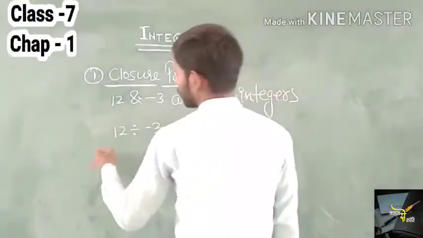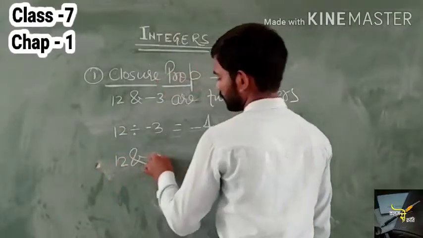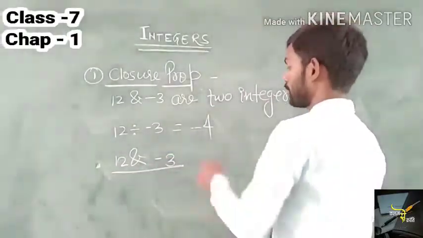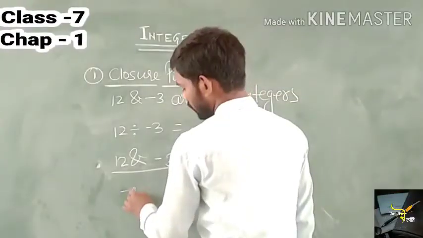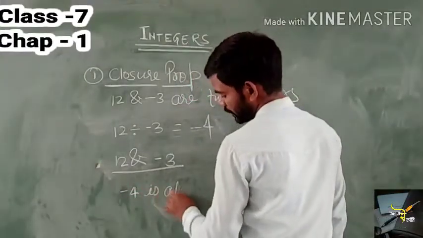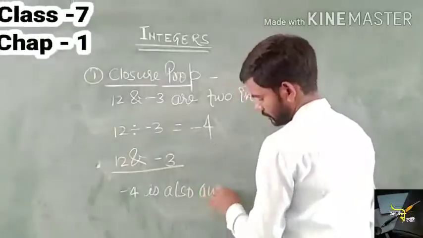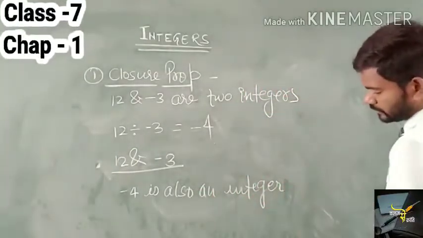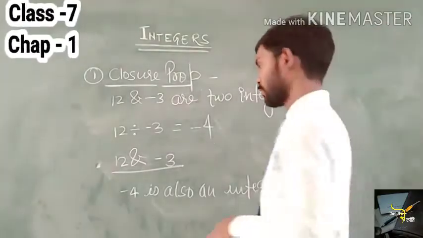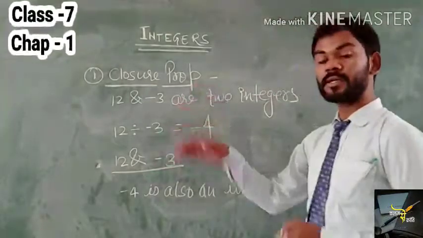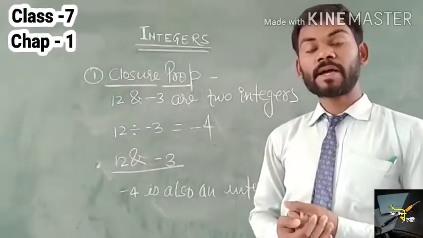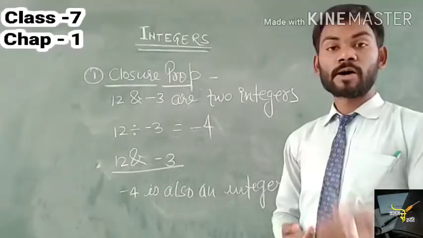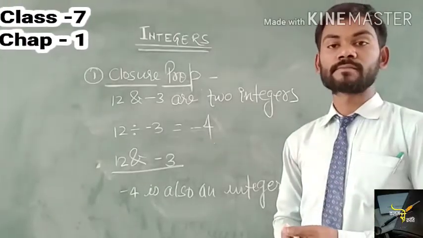Since 12 and minus 3 are integers and minus 4 is also an integer, therefore we can say that the integers satisfy closure property over the operation of division.